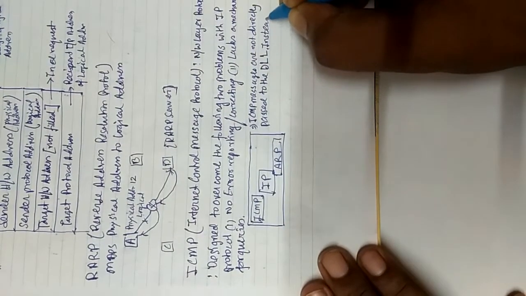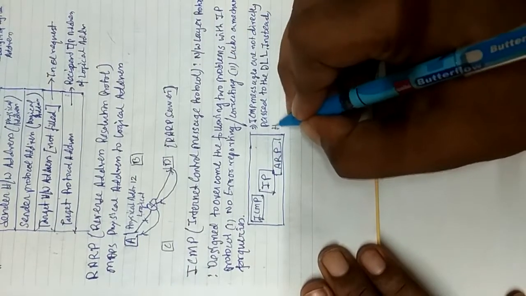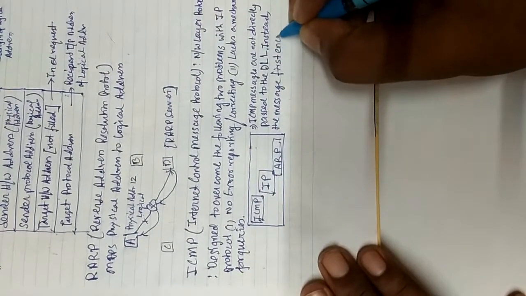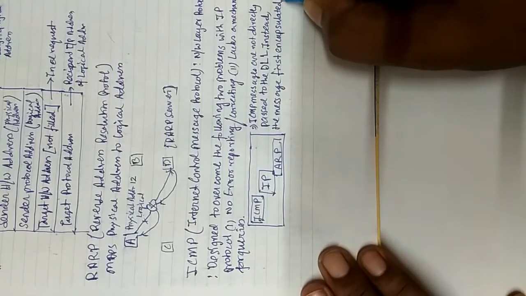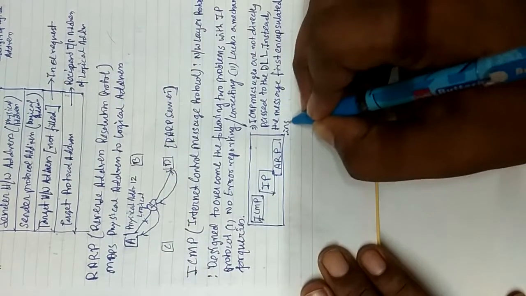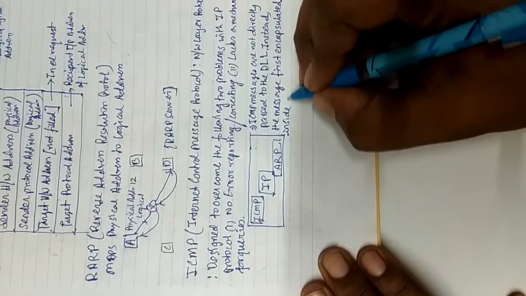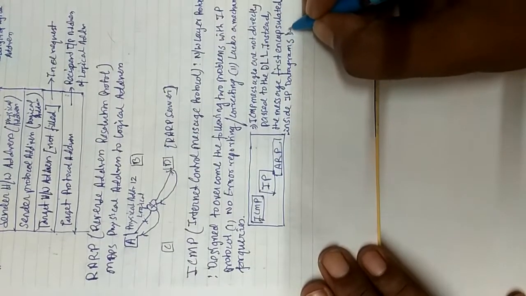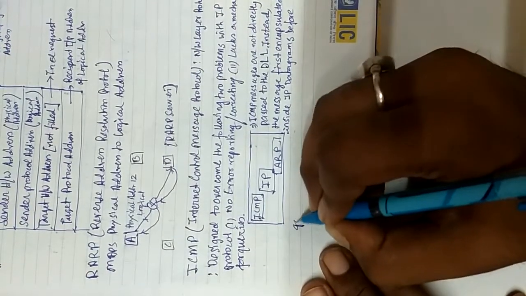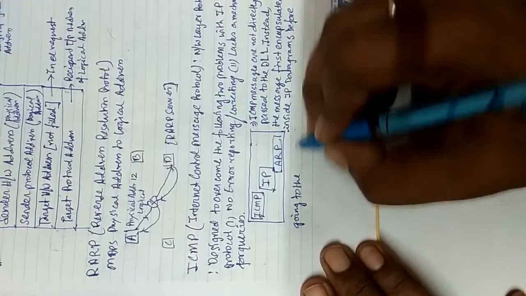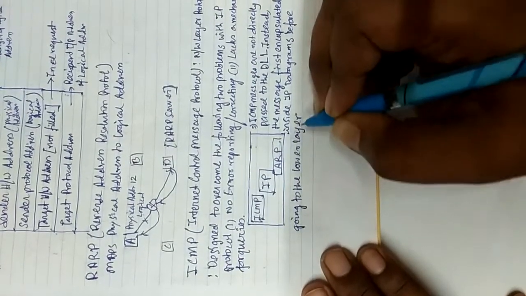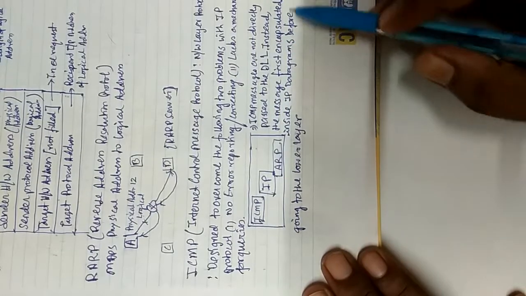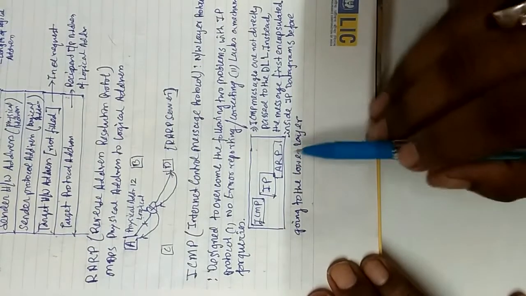Instead, the message is first encapsulated inside IP datagrams before going to the lower layer, that is the data link layer.